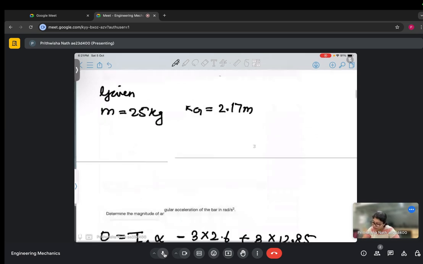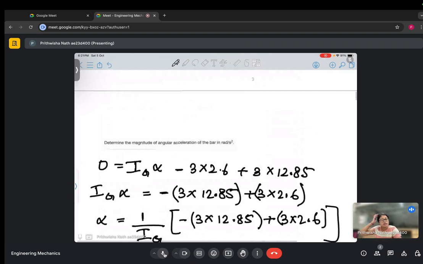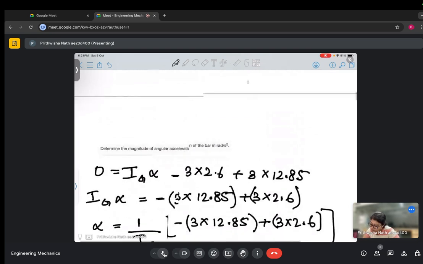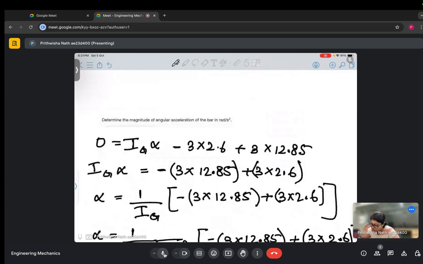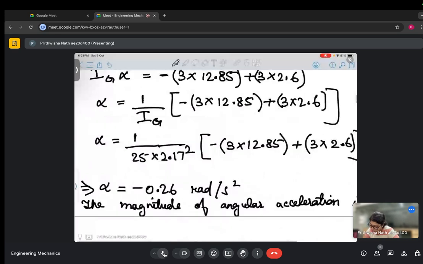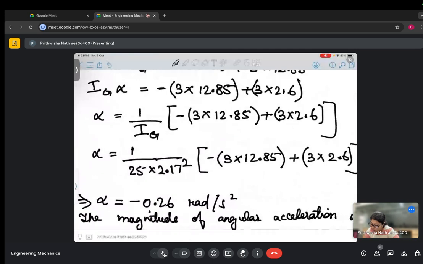They have asked to calculate the angular acceleration of the bar. Angular acceleration comes out to be minus 0.26 radians per second square. So the magnitude is 0.26 radian per second square.